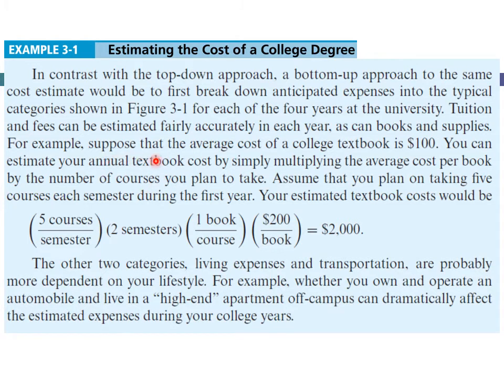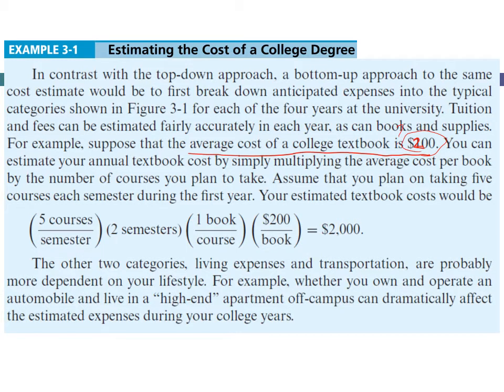Assume we want to estimate the cost, let's say, for books. Okay, now actually here there is a typo in the book. This should be $200 per textbook. Now assume that the average cost of a college textbook is $200. Okay, how can we get this number?